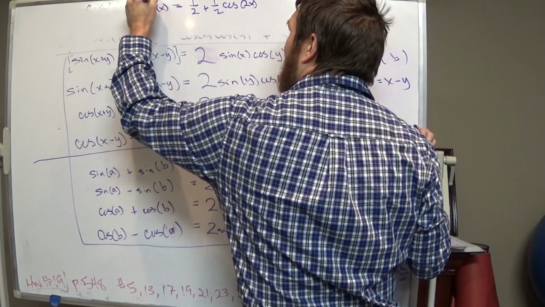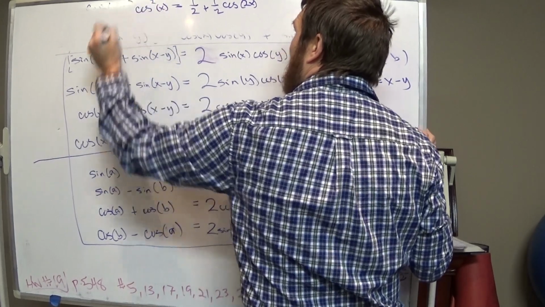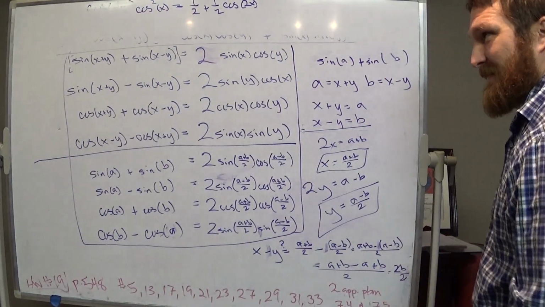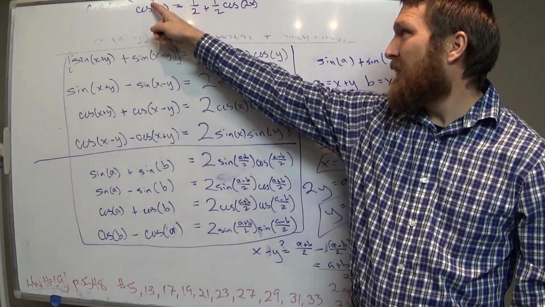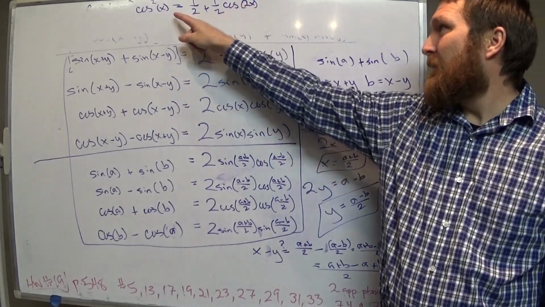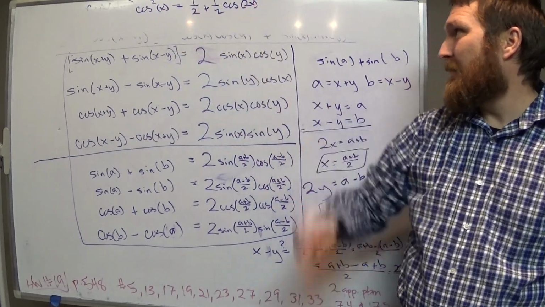Just cosine of x? No. It was cosine squared x, because that's what happens with the 2. You can think about it this way: you decrease the power on cosine, but you have to increase this guy by a factor of 2.